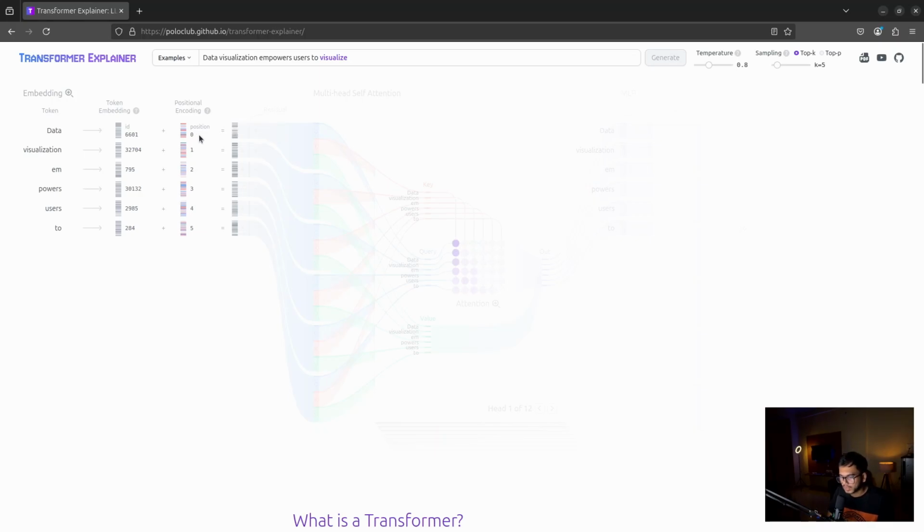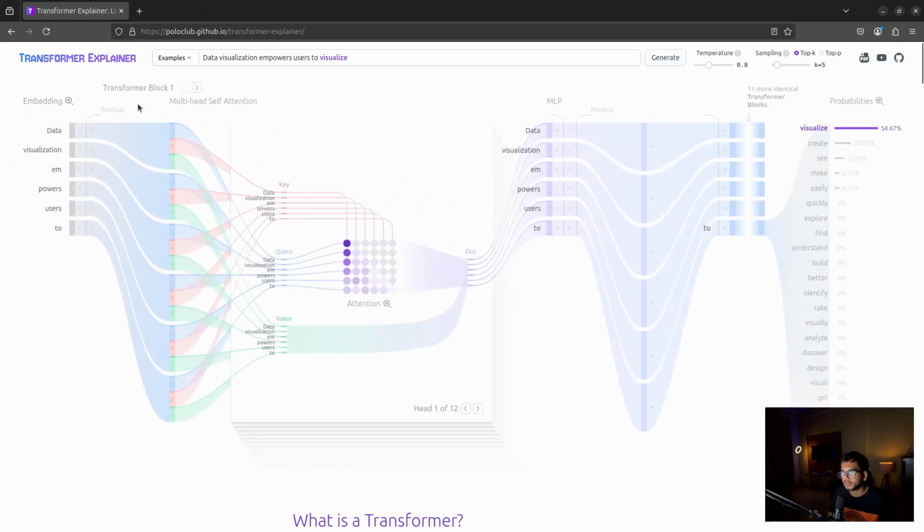This embedding goes into, if I click here again, it minimizes, and then it goes into the attention layers, each attention layer.